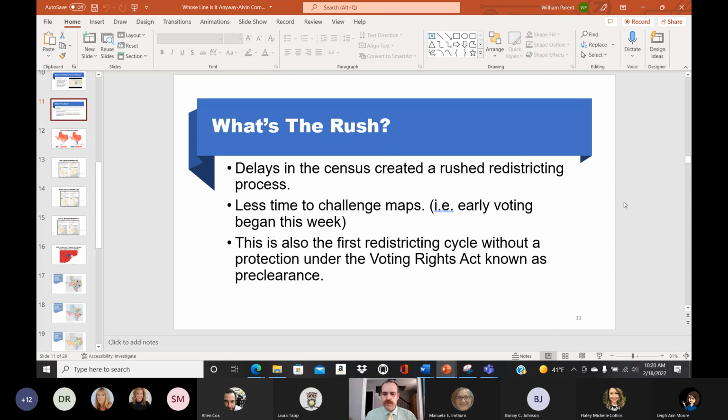This is also the first redistricting cycle without a protection under the Voting Rights Act, known as pre-clearance, as I already referenced. So we've had an abbreviated time frame to really collect our breath and look at the maps and allow for those legal challenges that inevitably will occur. And this creates a host of problems.